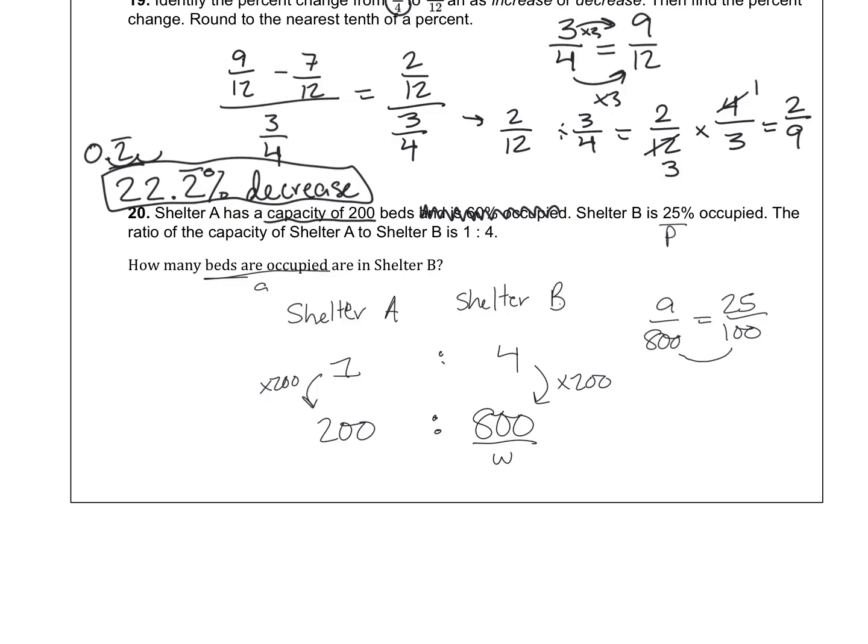I see to go from 100 to 800, that's times 8. So 25 times 8 would give me my A value. It actually works that there are 200 beds occupied in shelter B.